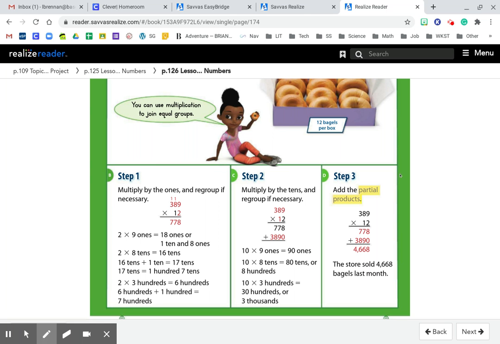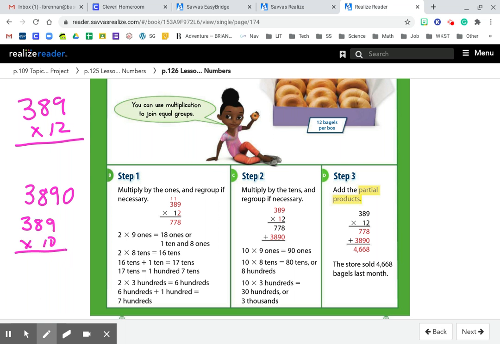So what we're doing here is 389 times 12 is the same as 389 times 10. I don't even have to write that out, but 389 times 10, remember, we just write the digits and annex a 0 for the base 10.